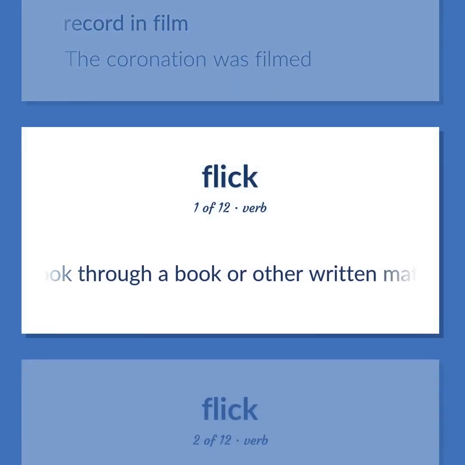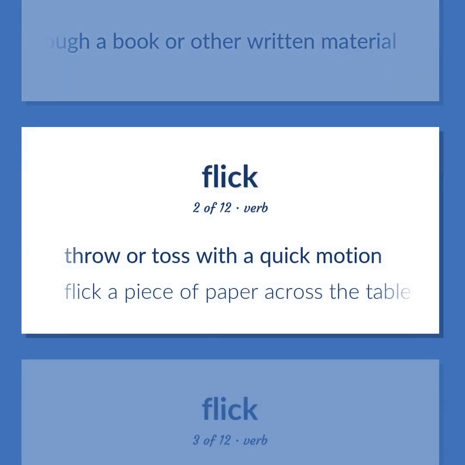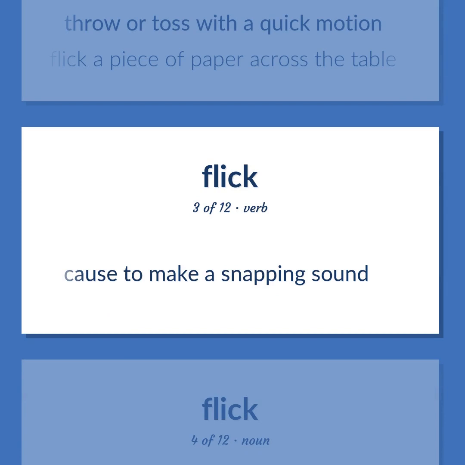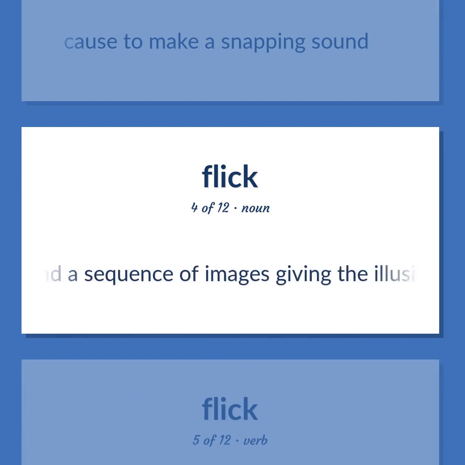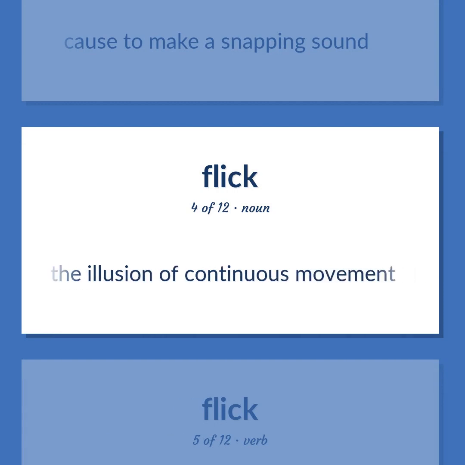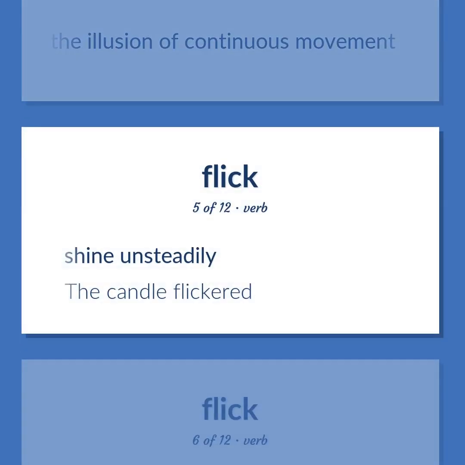Look through a book or other written material. Throw or toss with a quick motion. Flick a piece of paper across the table. To make a snapping sound. Shine unsteadily.